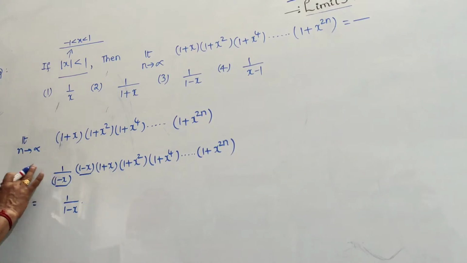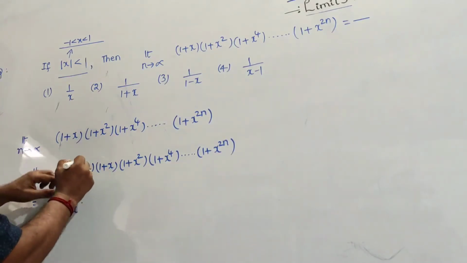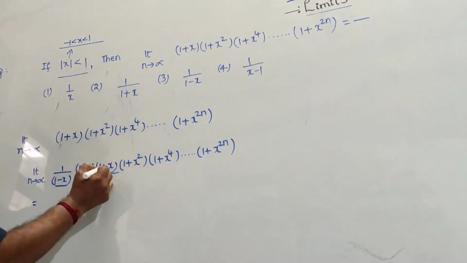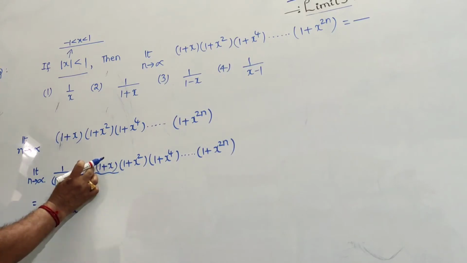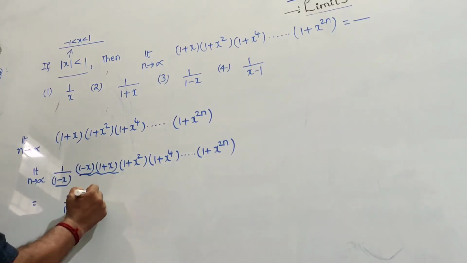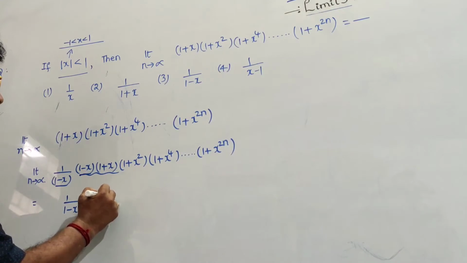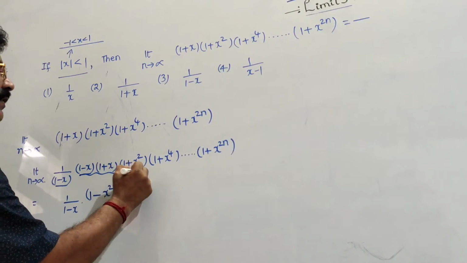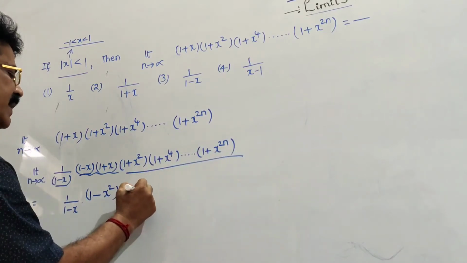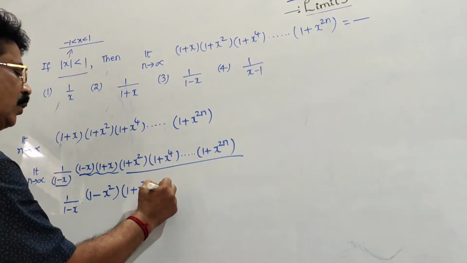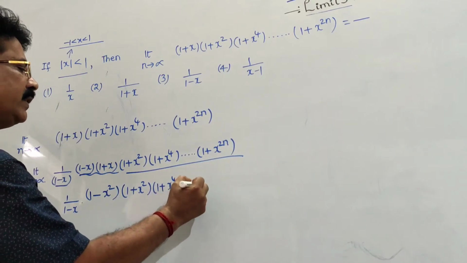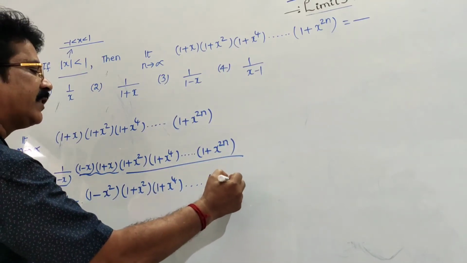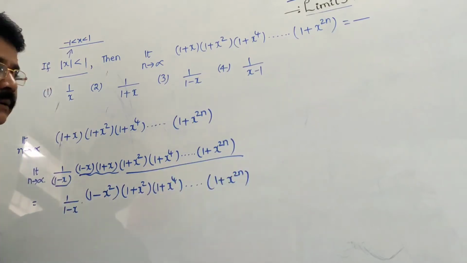Of course, it is a limit. The operator is to be continued. This one is in the form of (a plus b) into (a minus b), which is a square minus b square. So it is nothing but (1 minus x square) into the next terms (1 plus x square) into (1 plus x to the power of 4) into and so on (1 plus x to the power of 2n).